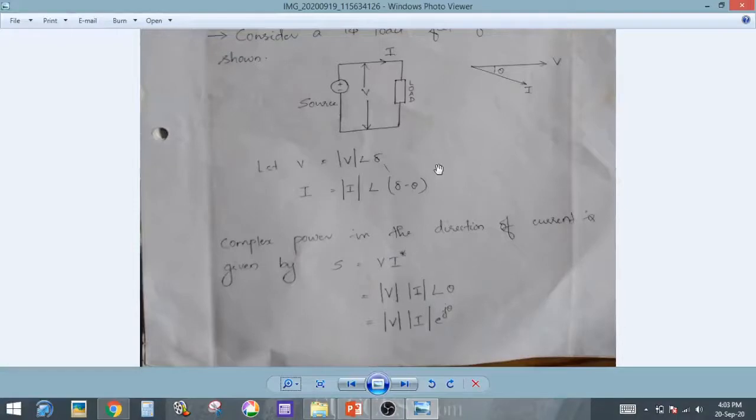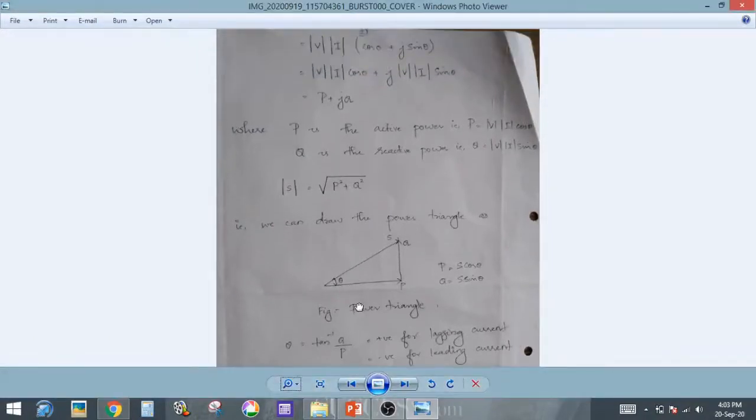I angle theta can be expressed as modulus of I e raised to j theta. E raised to j theta can be simplified as cos theta plus j sin theta. So the expression becomes modulus of V modulus of I into cos theta plus j sin theta, that is VI cos theta plus j VI sin theta.